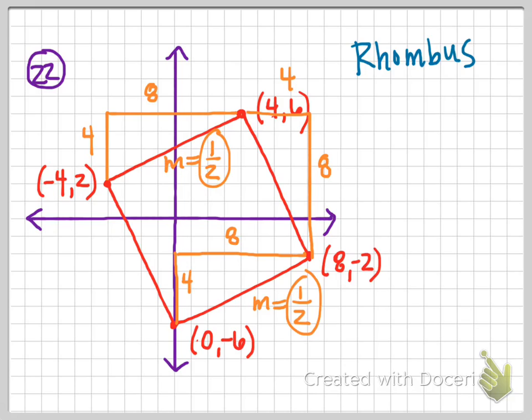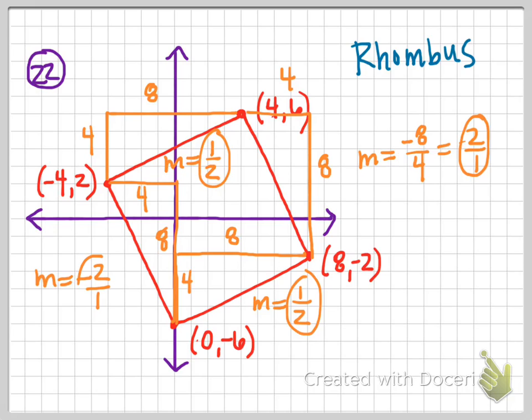So this has a slope, remember that it's negative, of negative 8 over 4, which simplifies to negative 2 over 1. And if I look at the slope of its opposite side, I also have a run of 4, a rise of 8, but remember it is negative. So negative 8 over 4 also simplifies to negative 2 over 1.